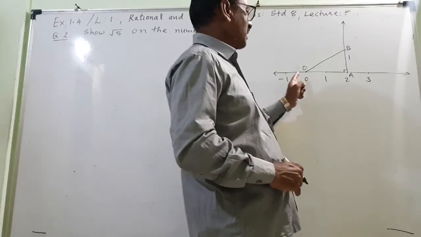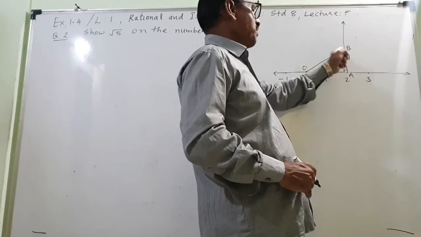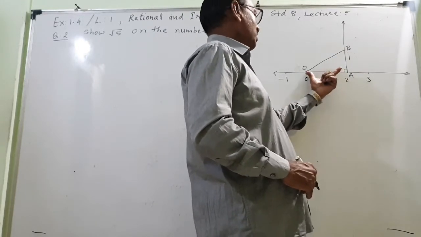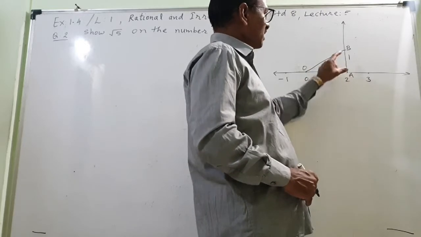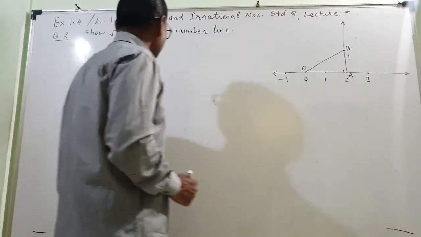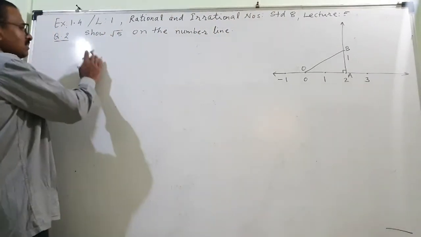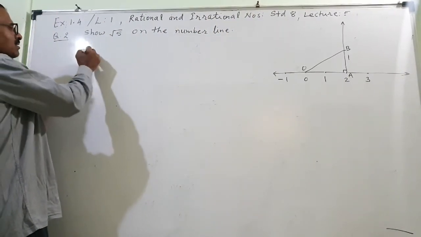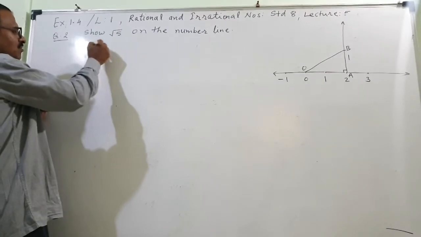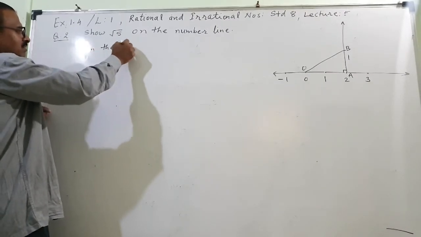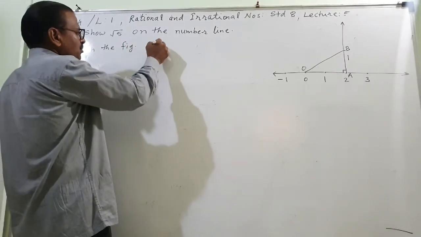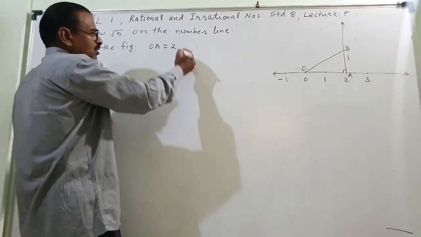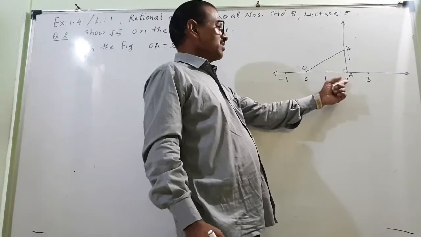So in right angle triangle OAB, hypotenuse is OB, one side is OA, other side is AB. So we will write something. In the figure, OA equal to 2 because A point represents 2.